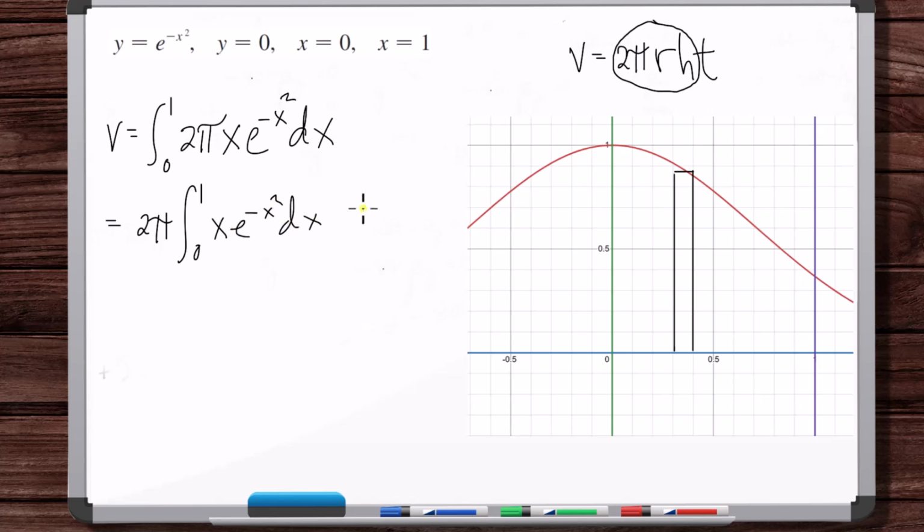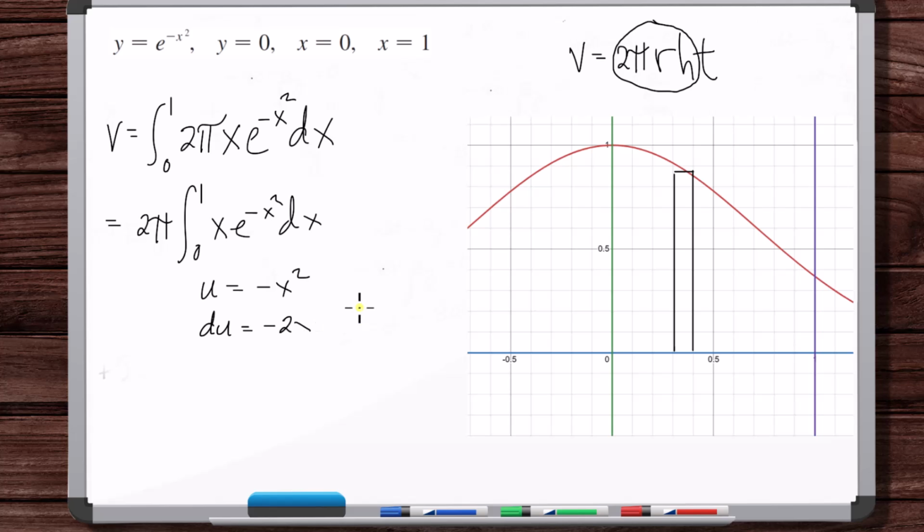Now this integral, we haven't talked about any special techniques of integration, so I'm assuming we need to use substitution here, and that is going to be the case. If you make u equal to minus x squared, then the differential du is minus 2x dx.